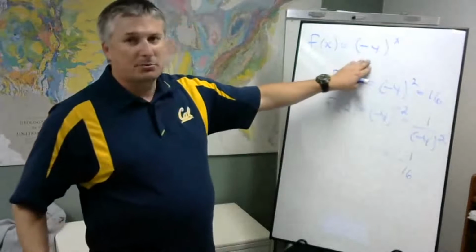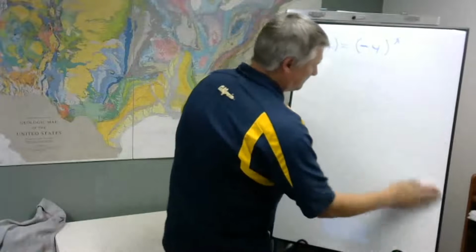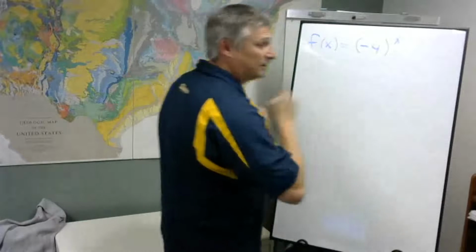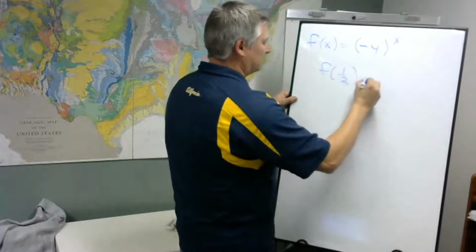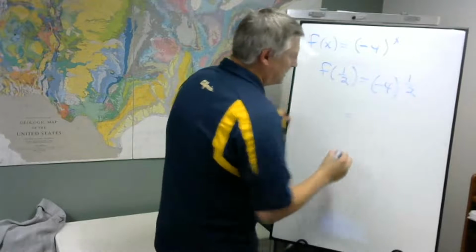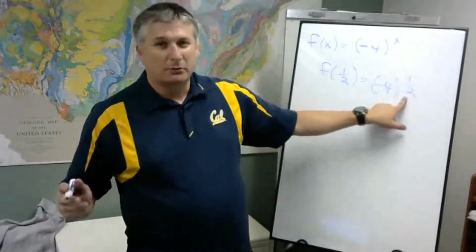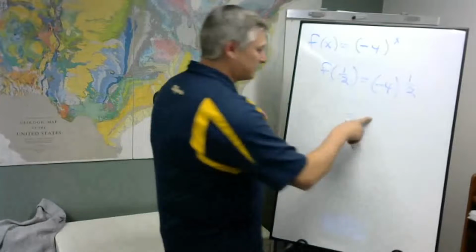But where this becomes problematic for sure is f of 1/2. This means the square root. And let's say we're going to go with a positive square root here.